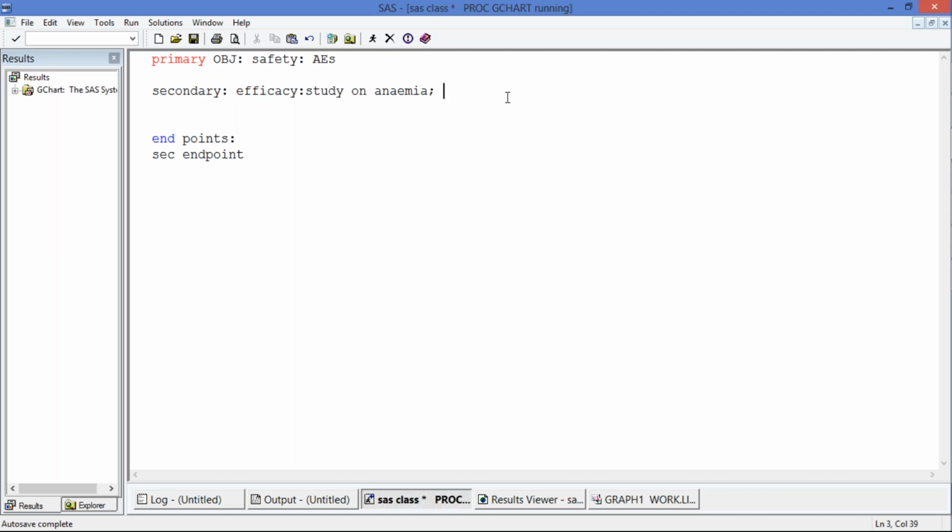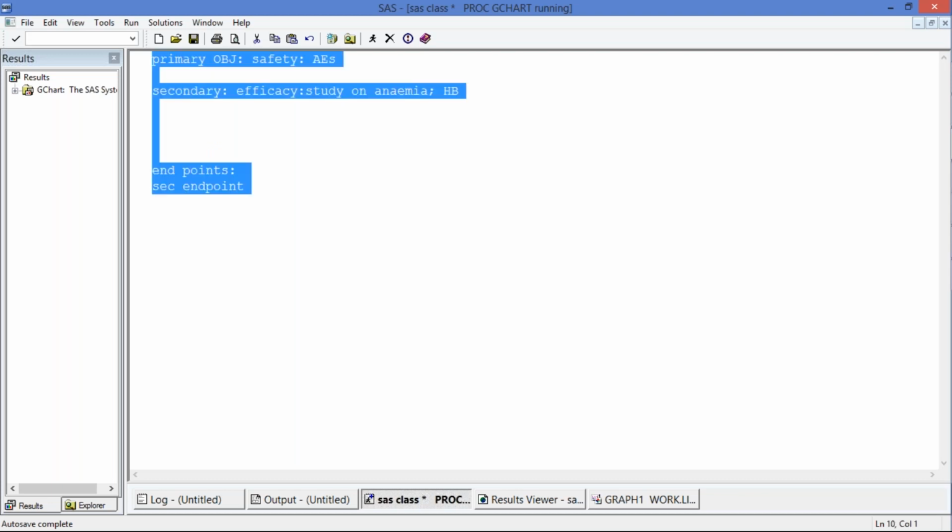Right, we'll mainly consider hemoglobin levels, HB percentages, and other factors also along with HB percentage. Clear, right? Primary and secondary endpoints.